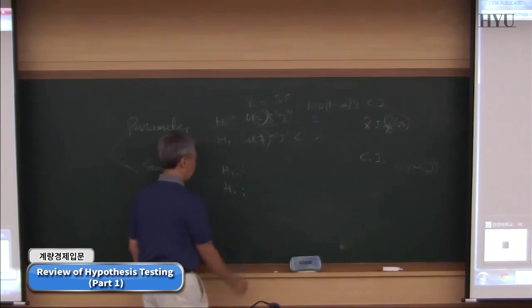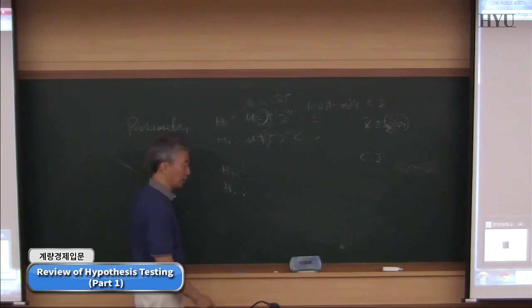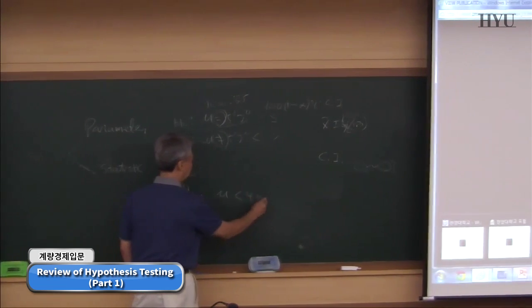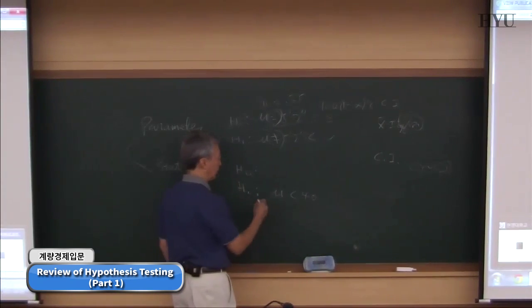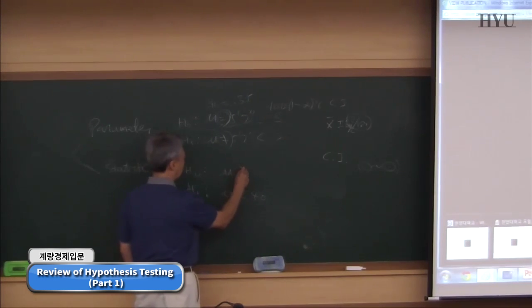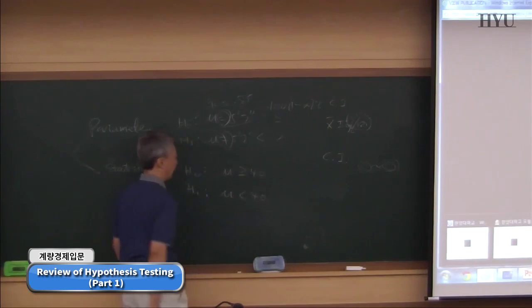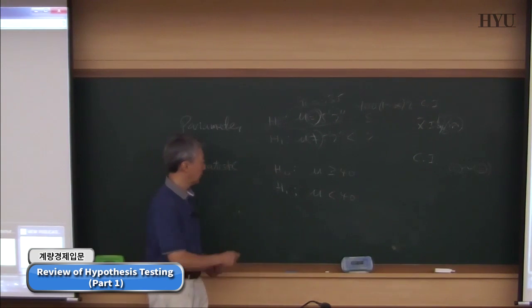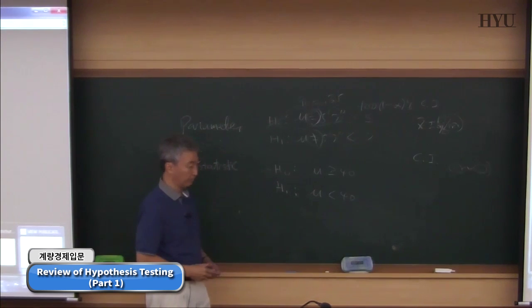the alternative hypothesis would have been this: mu is less than 40, because Hyundai and Kia are claiming that it's at least 40. So the average gas mileage, Hyundai Kia is claiming that it is at least 40, it can go 40 miles on a gallon of gasoline.